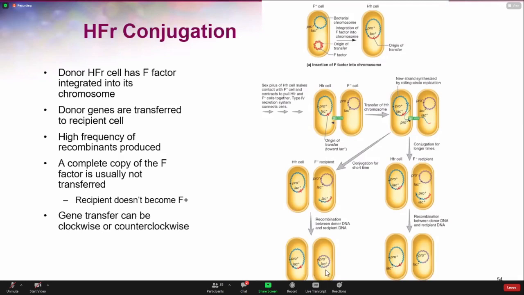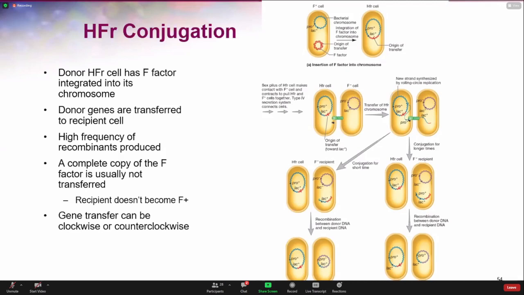So the recipient cell never received the whole F factor. It never became fertile. It doesn't possess the ability to conjugate with subsequent cells. It can undergo another conjugation reaction with an F plus cell, but it itself is not F plus and therefore cannot conjugate with F minus cells. But as a result of this process, it has acquired a wild type gene and it has acquired a brand new phenotype.